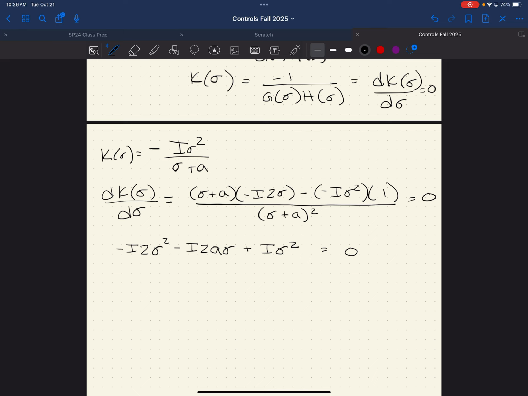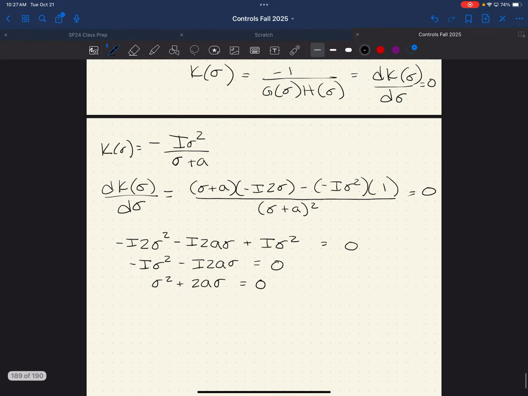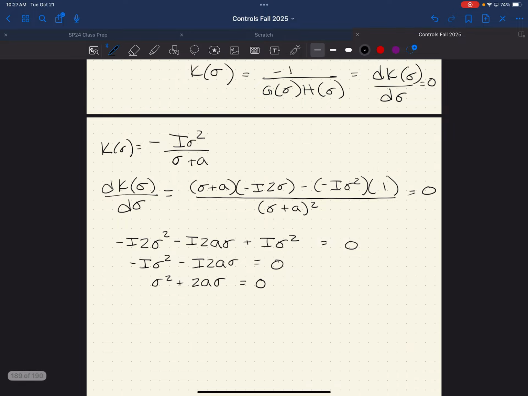I have 2 sigma squared terms, so let's combine those. Should have minus sigma squared minus 2a sigma. Let's factor out a minus 1 and then divide by it. And it looks to me like I can factor out a sigma.